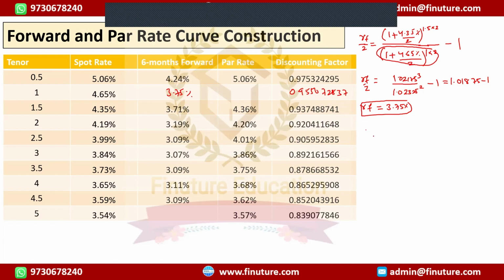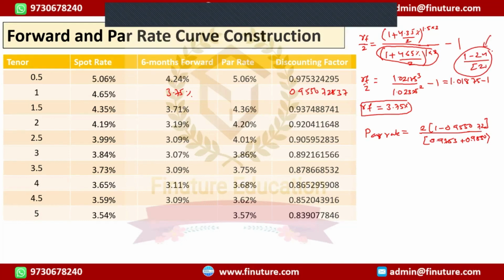Now for the par rate, the same formula. 2 into 1 minus this thing, 0.9550, whatever this number is, divided by 0.9753 plus 0.9550. So this is the formula: 1 minus Zn upon summation of Zs.